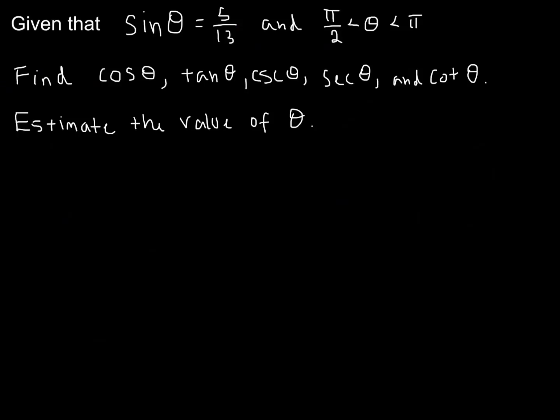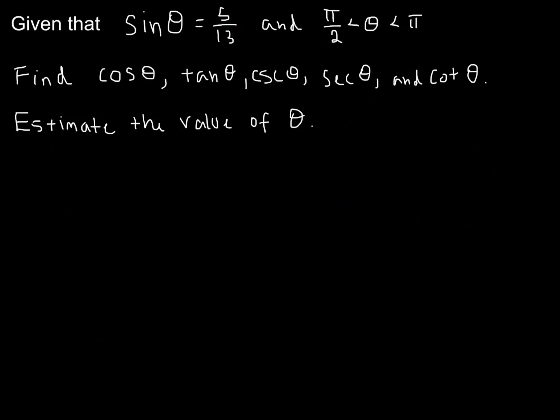Okay, so here's one for us to try. Sine of theta is 5 over 13, and theta is less than pi but greater than pi over 2. And you want to find cosine, tangent, cosecant, secant, and cotangent, and then estimate the value of theta.